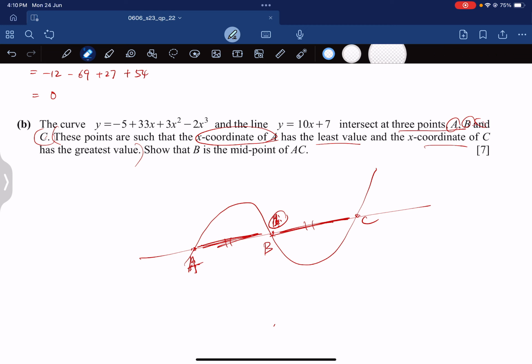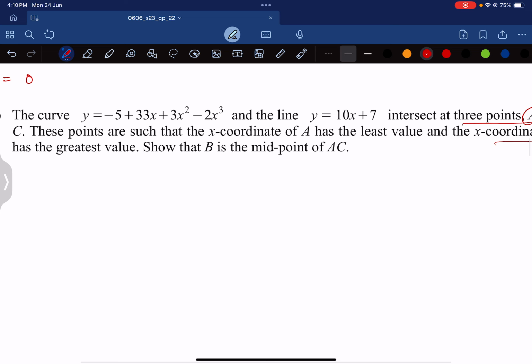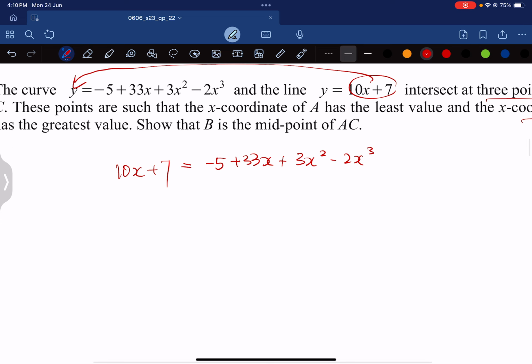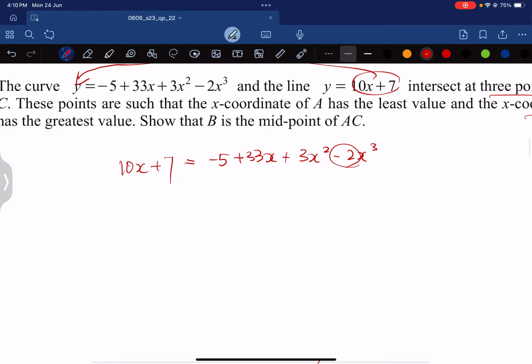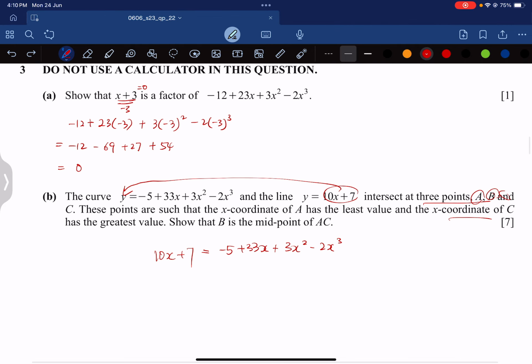Okay, let's take a look. So we substitute this into the y here. So we have negative 5 plus 33x plus 3x squared minus 2x cubed. Make the highest power term have positive coefficients? Oh, no need, because look at this.